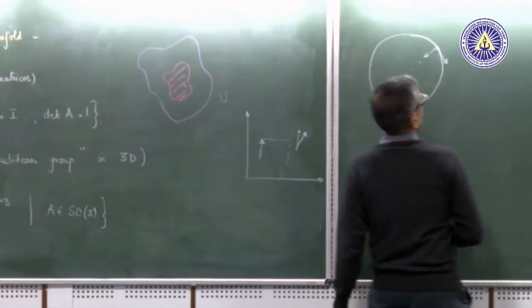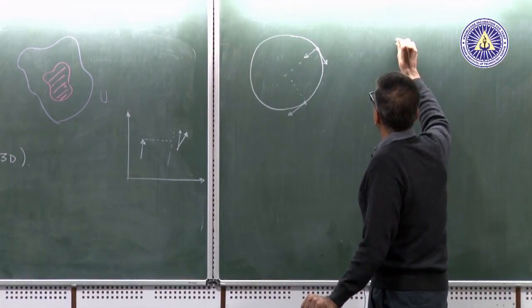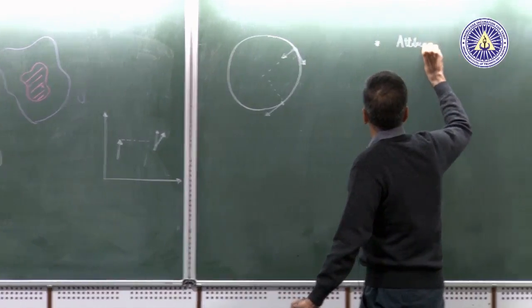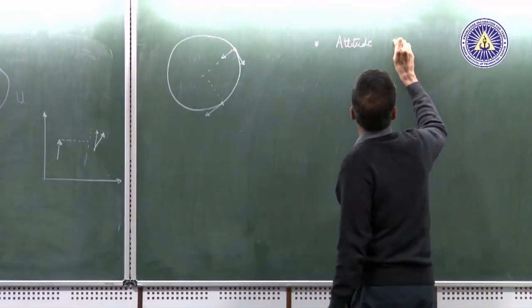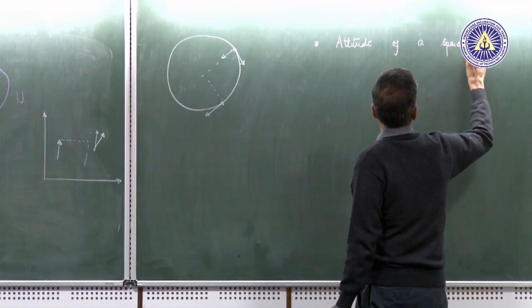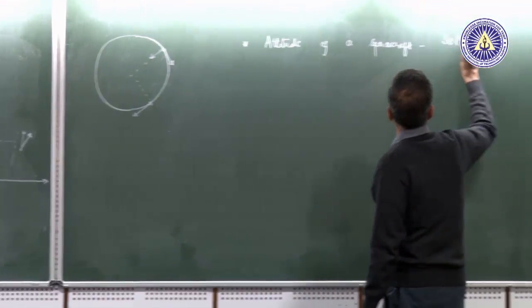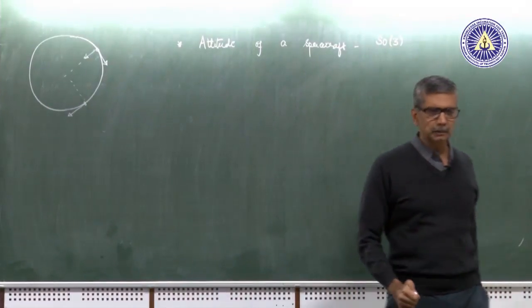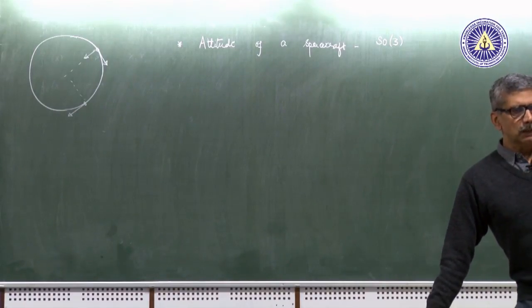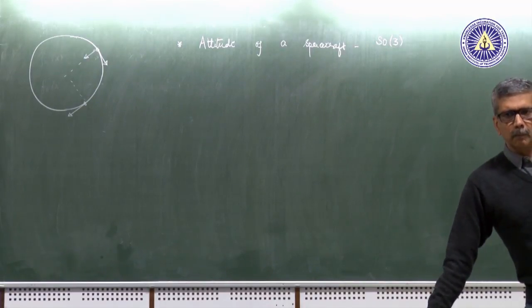Now, if you are talking of the attitude of a spacecraft, then your configuration space, I will use this word configuration space, basically means the basic set of variables of a mechanical system that specify the entire configuration, right.